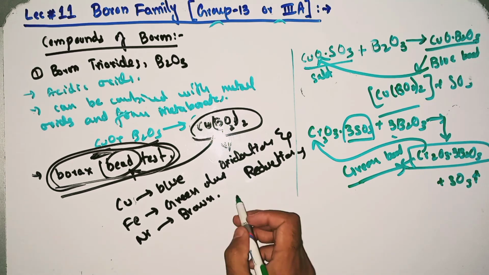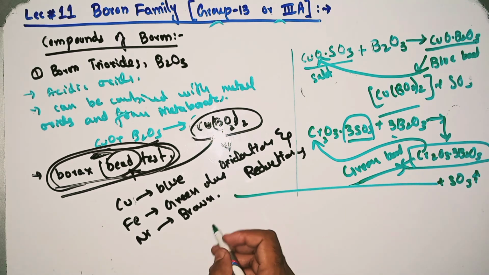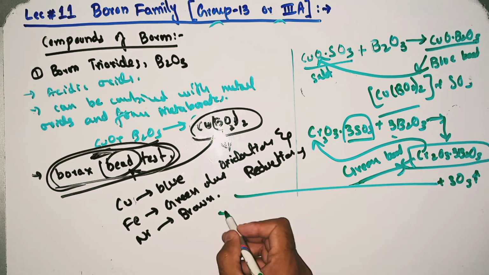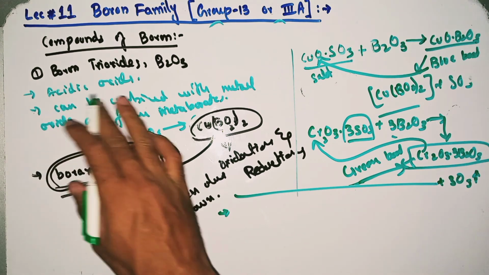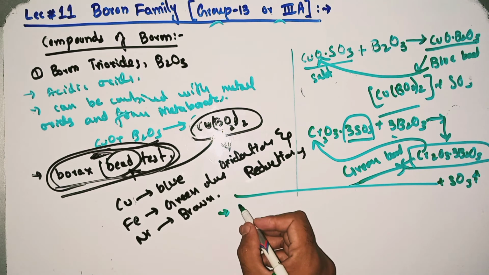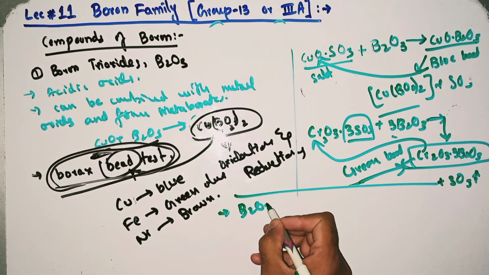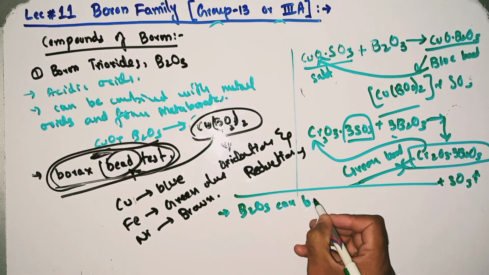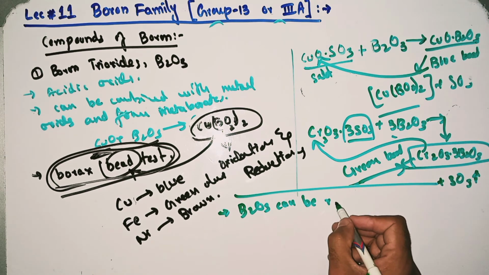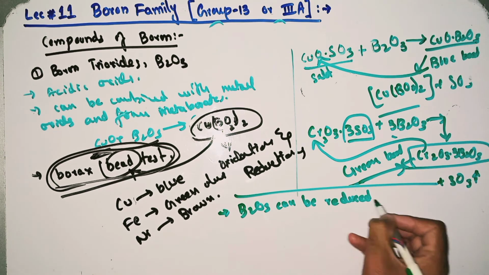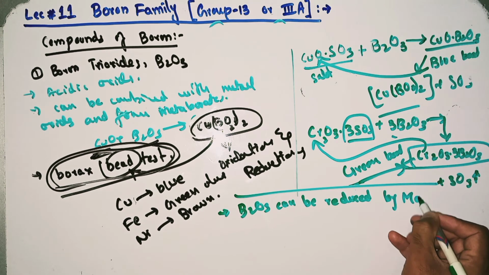Now go to the next property of boron trioxide. B2O3 can be reduced by magnesium.